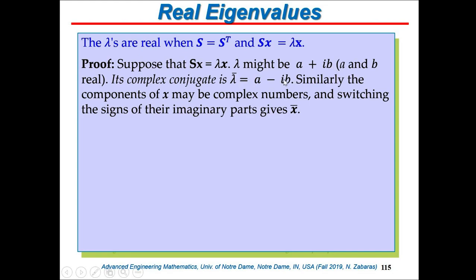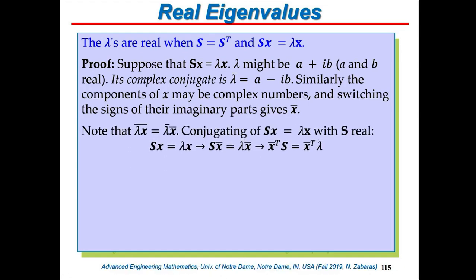So the complex conjugate of lambda will be a minus ib, okay? And similarly we assume that the eigenvector x corresponding to lambda can be complex, and we will denote its complex conjugate as x bar.